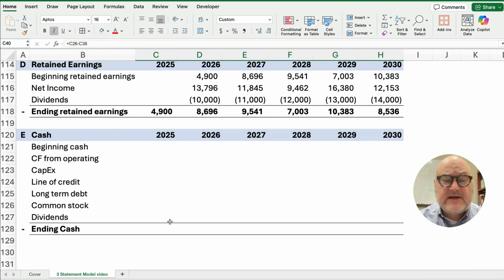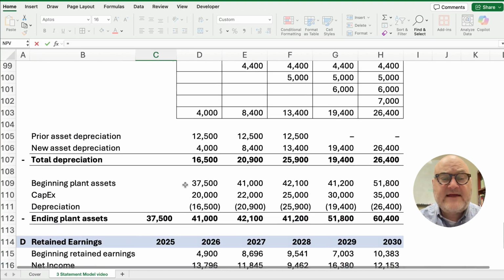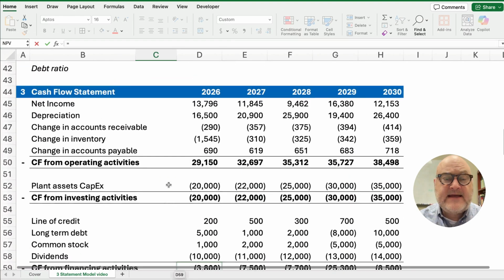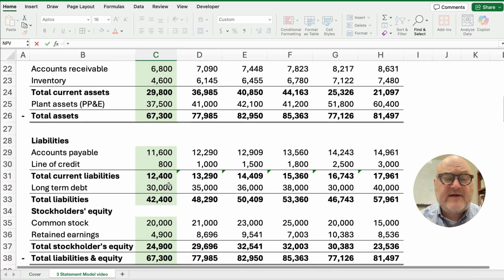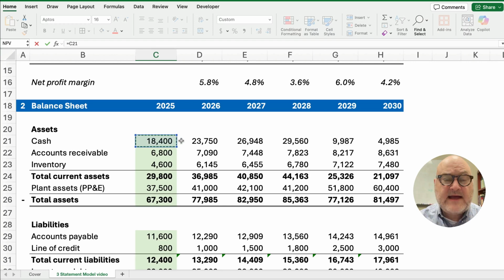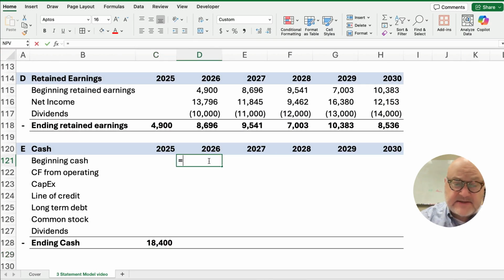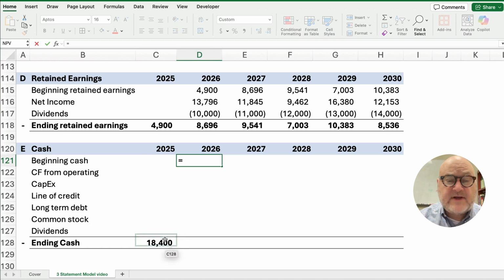All right, so let's look at ending cash for 2025. Let's start fresh here. The ending cash for 2025 is going to be $18,400. So that makes it beginning cash for 2026, the year we're working on.